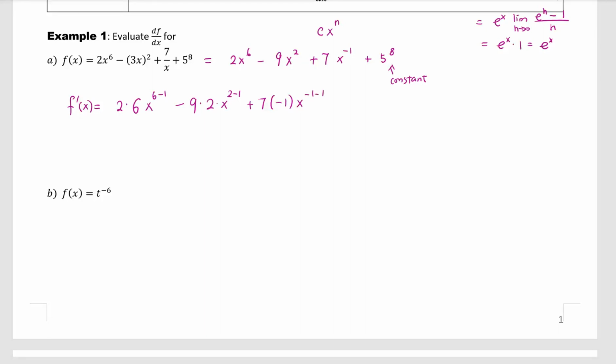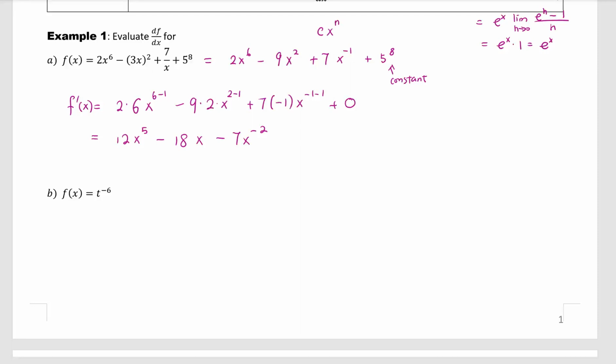This is a constant. The derivative of a constant is 0. So what is that? This is 12, 6 minus 1 is 5. 9 times 2 is 18, 2 minus 1 is 1, so x to the 1 is just x. Then minus 7, x to the negative 2.